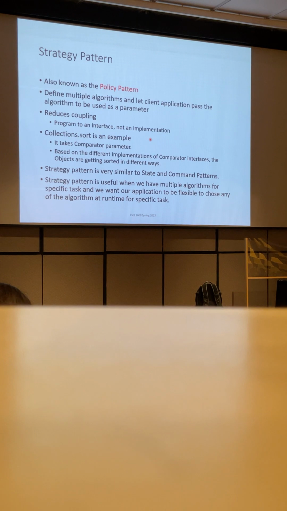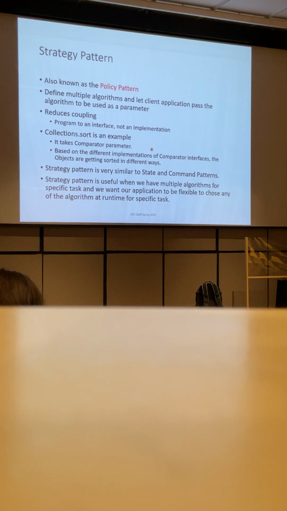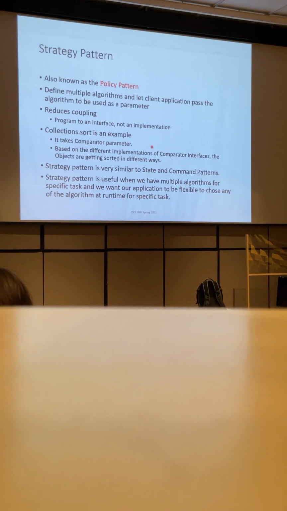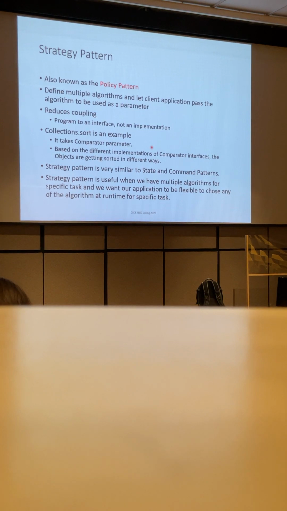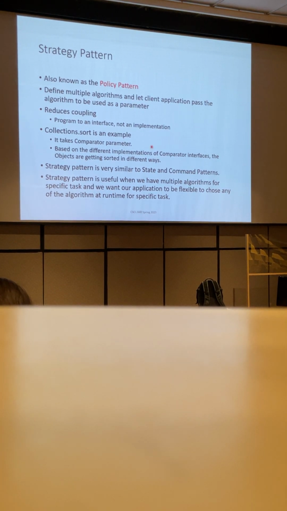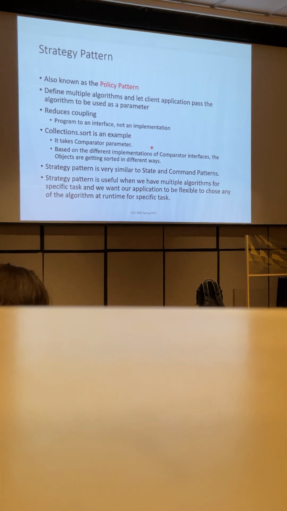It takes the comparator parameter and then it sorts any collection using that comparator object. It doesn't really care what it is sorting, as long as there is a comparator object that can tell for any two elements of the collection whether one of them is greater or they're equal or the other one is greater. That's all that is needed.